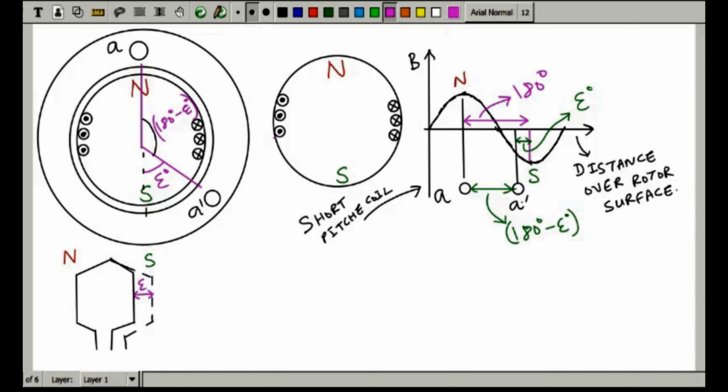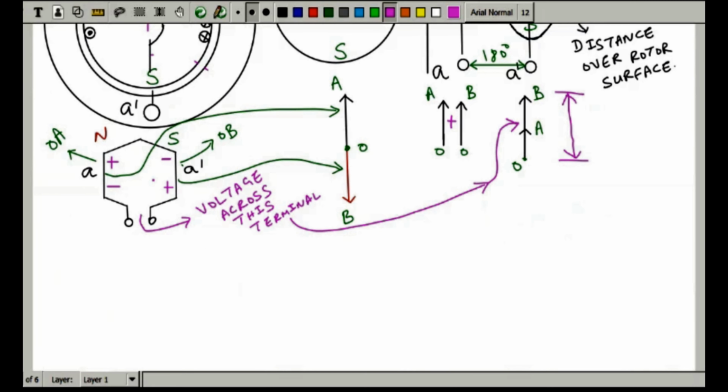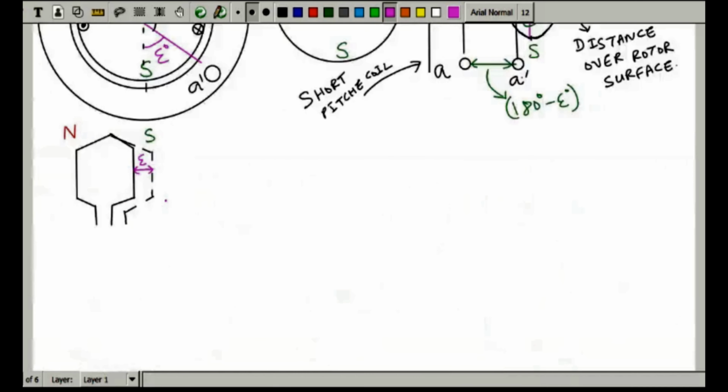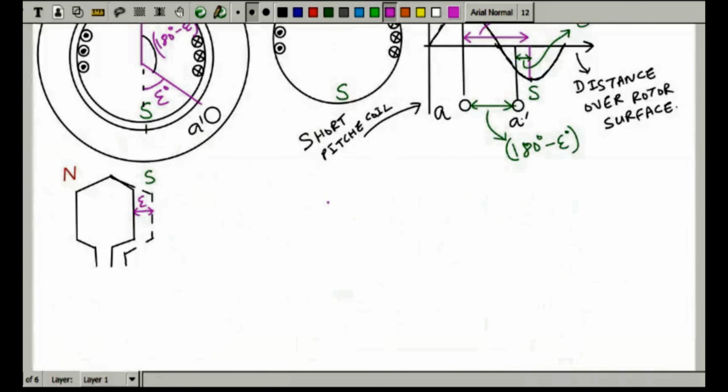In this case also, what polarity have we seen? We have shown arbitrarily that under the north pole if it is plus minus, under the south pole it will be the opposite, minus plus. So that polarity will remain the same, but the value will be different.